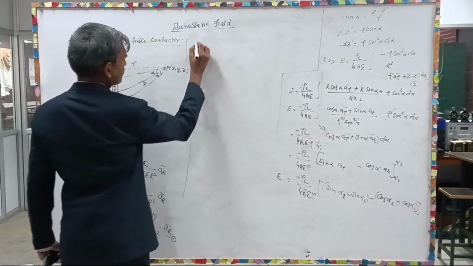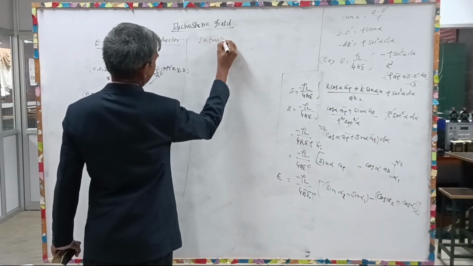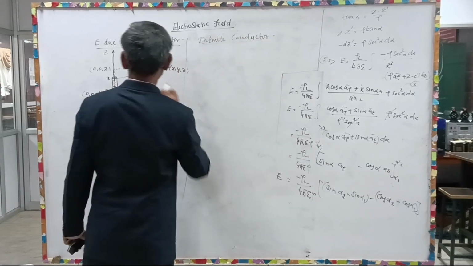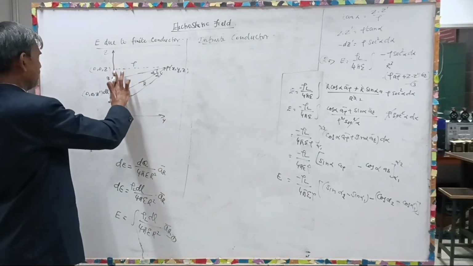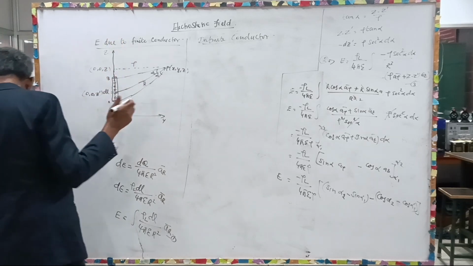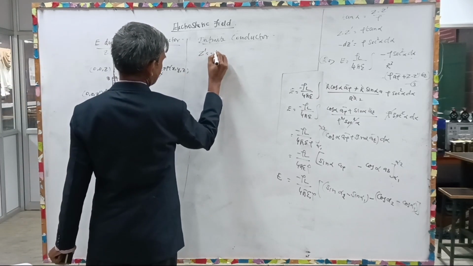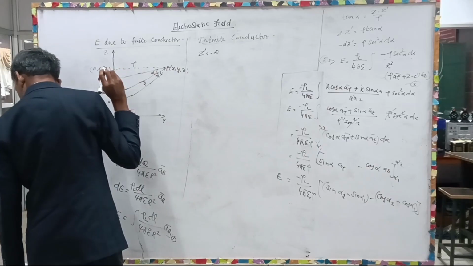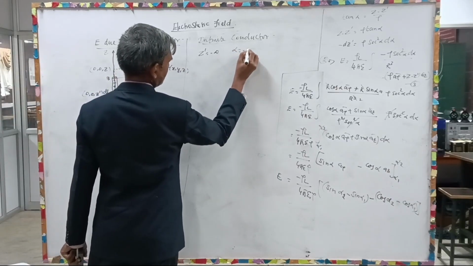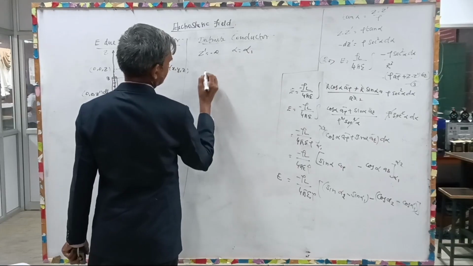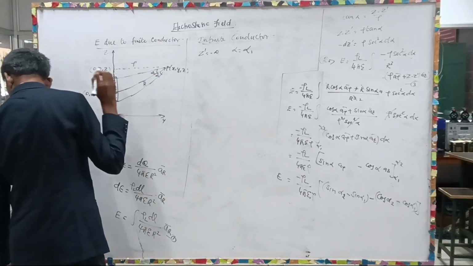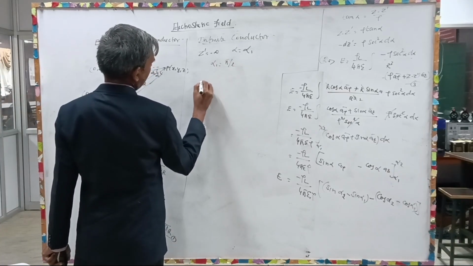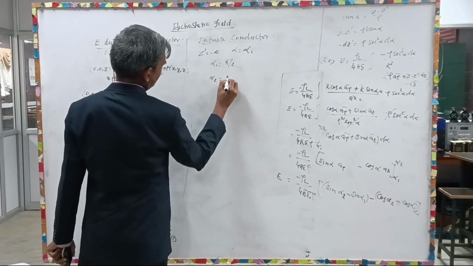We extend this conductor to infinity, so z dash is equal to minus infinity, and alpha is equal to alpha 1. So we get alpha 1 is equal to pi by 2. Similarly, alpha 2 is equal to pi by 2.